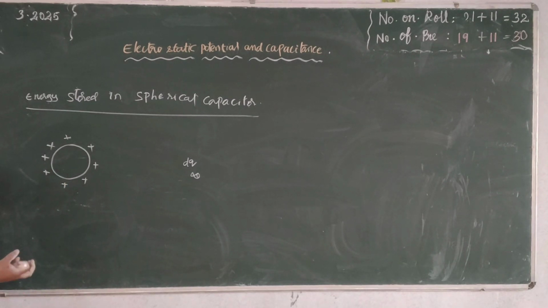For that we have to do some work. That amount of work done in bringing dq charge, or dq element, from infinity to place it on the spherical conductor will be stored in the form of electrostatic potential energy, which we call the energy stored in the spherical capacitor.